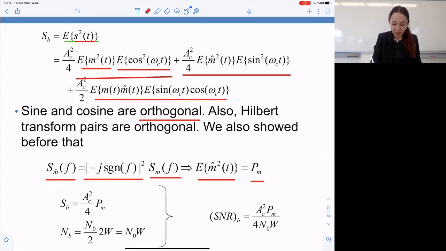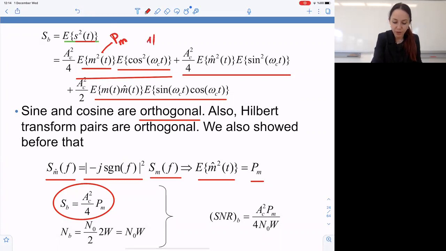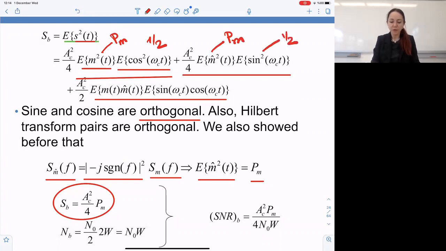All right, so how about SNR_B? We computed S_B. Because this is P_M, this is 1/2, this is equal to P_M, this is equal to 1/2. And therefore we have A_c squared over 4 P_M. Okay, we got this.